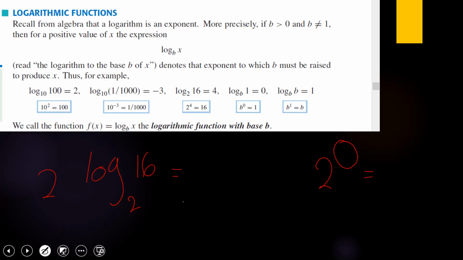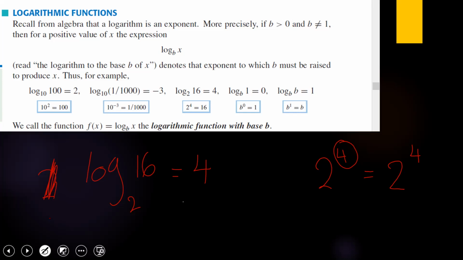Is it 2 to the power 2, or 2 to the power 3, or 2 to the power 4? 2 to the power 4. So 16 can be written as 2 to the power 4. So the answer will be 4 to make them equal. So logarithm to the base 2 of 16 is 4. Why?